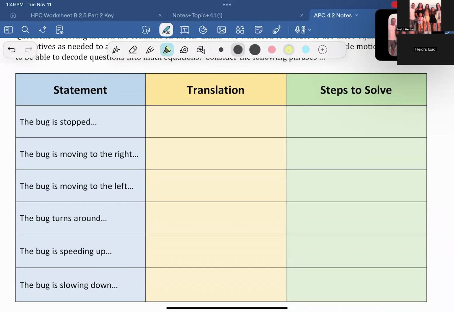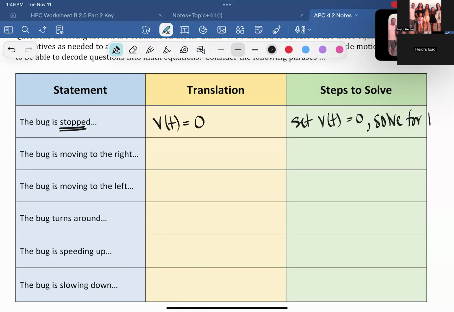If they're asking you to find when the bug is stopped, the mathematical translation is that we're looking for when the bug's velocity is 0. Stopped is directly related to velocity being 0. That means its speed is 0, its velocity is 0. So how do we solve that? We set the velocity equal to 0 and solve for t. We're solving for the time when the bug is stopped.